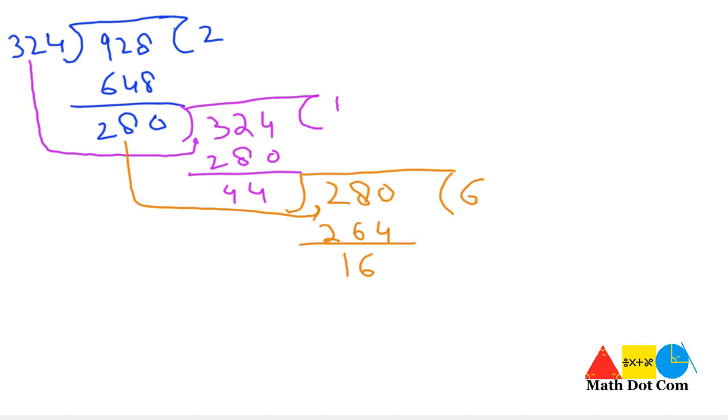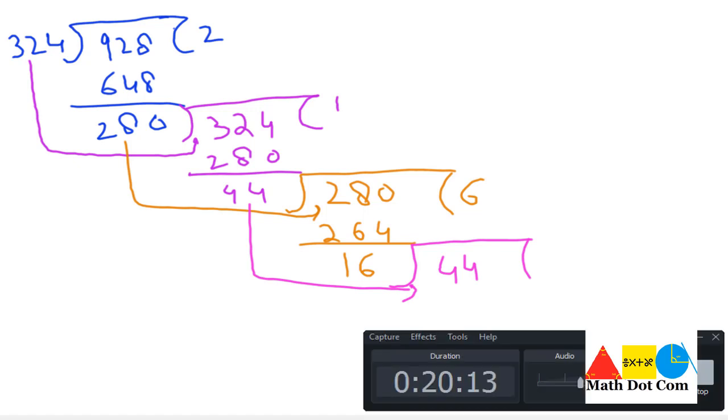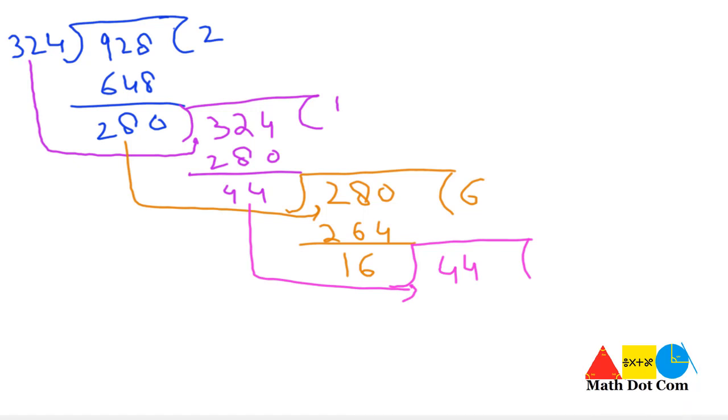Then we again bring 44 here, and we have to consider 44 the dividend and 16 the divisor. So 16 2s are 32, and we have 12.